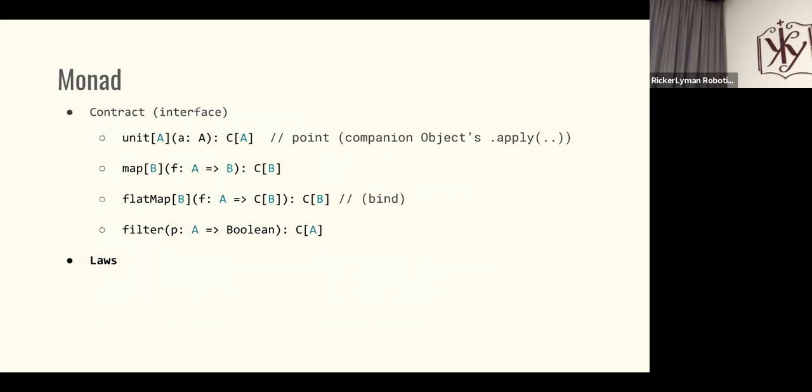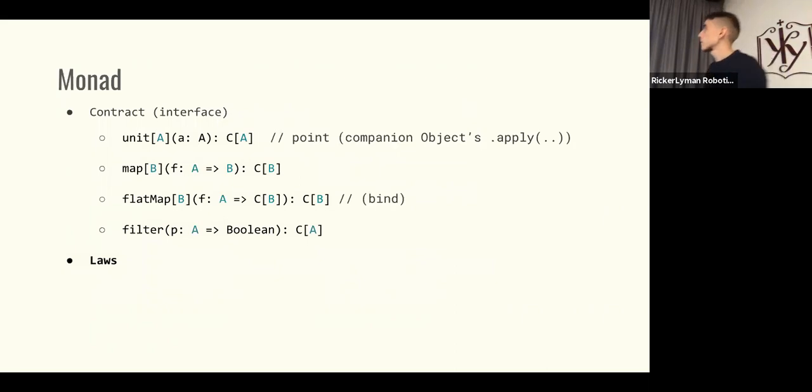We have these kinds of methods for the option, and in the case of option, we should put option here instead of C. So for any arbitrary type C which satisfies this contract, we can speak about monads in the case of that type.